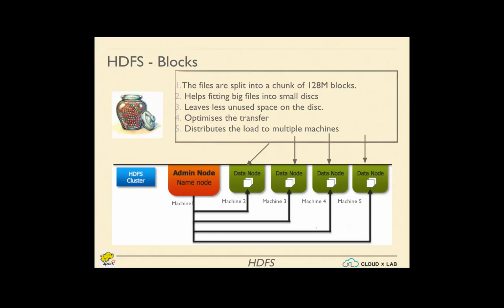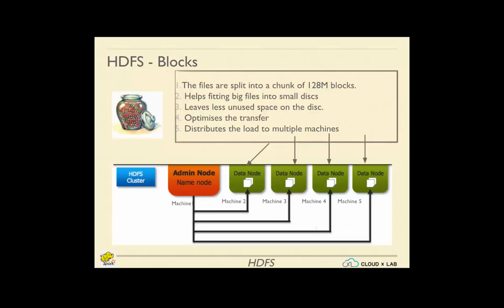All right. The other very important part is that HDFS does not store the entire file on one machine. Instead, it cuts the files into blocks or called chunks. By default, in case of Hortonworks, the size of a block is 128 MB.